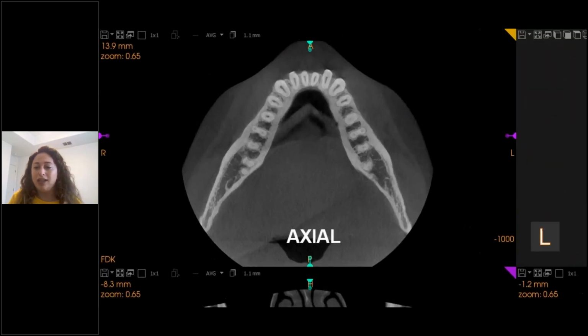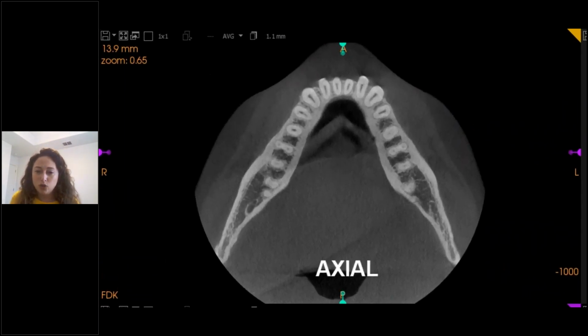But this is why part of our system should involve maximizing one view. So whenever you maximize one view, you are only looking at this one view. And remember, what we're doing here is ruling out pathology in any of the teeth or in any structures in that scan. We're not addressing the area of interest.